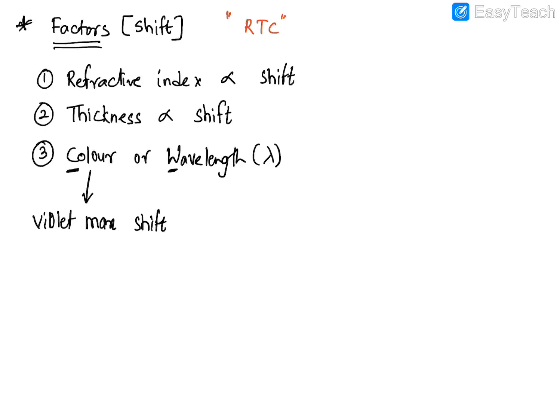Wavelength and shift are inversely proportional: more wavelength means lesser shift. So red color will shift less as compared to the violet color. Okay guys, these are the 3 factors which can affect the shift.